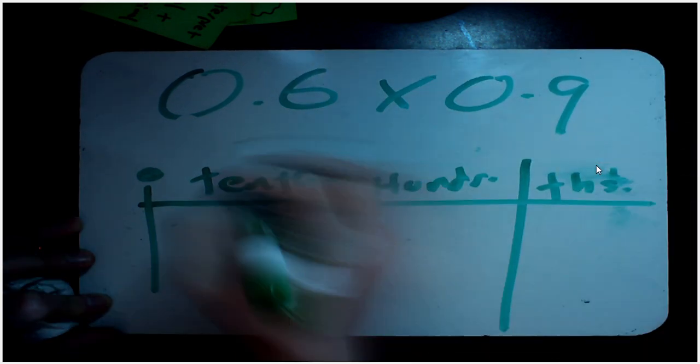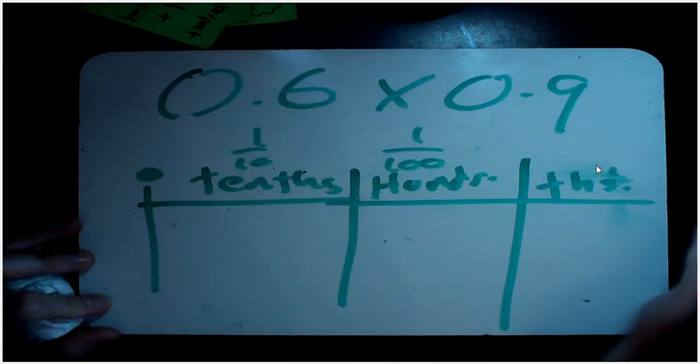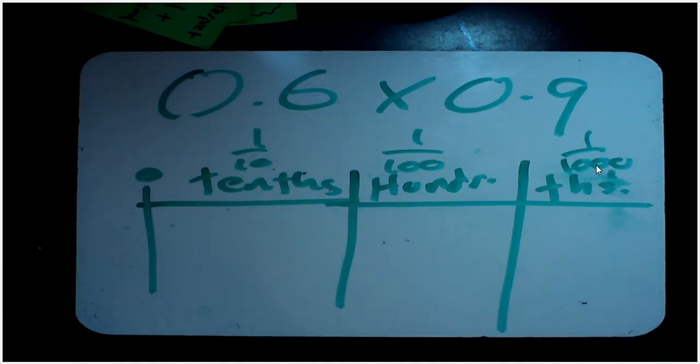And that would be 1/10, 1 out of 100 or 100ths, or 1 over 1,000. This place value chart is going to help you identify the decimals to the fractions.